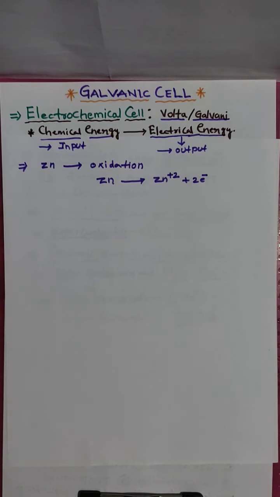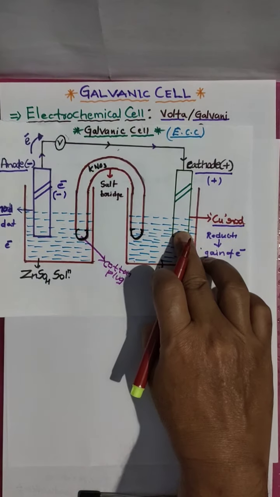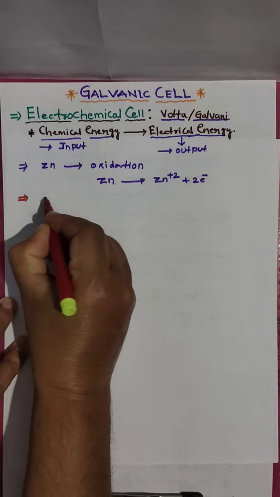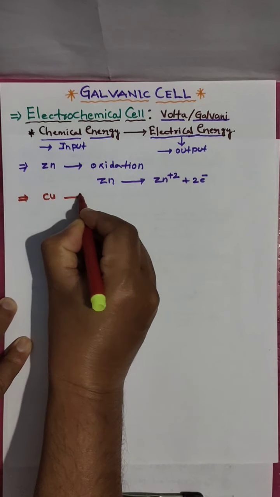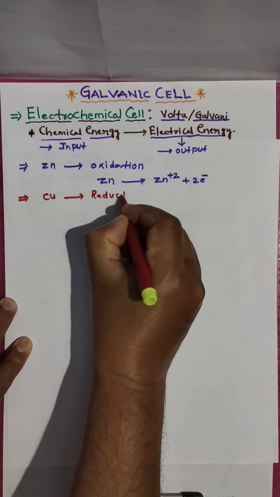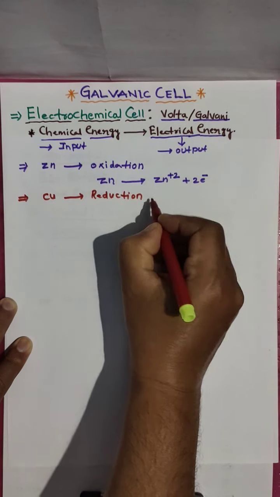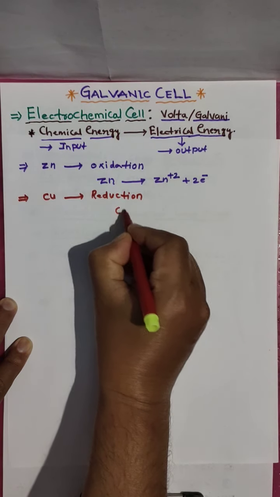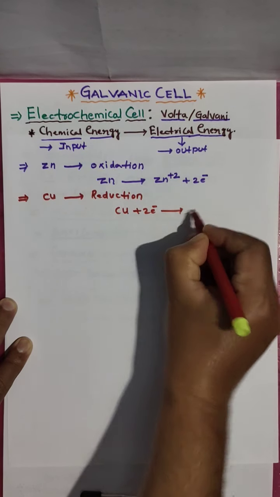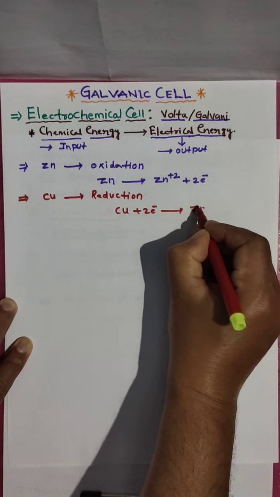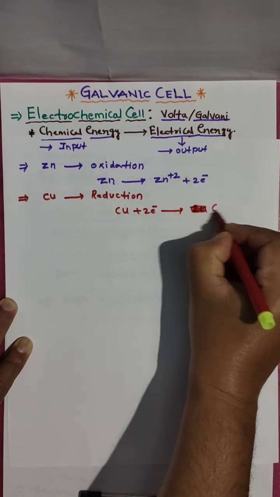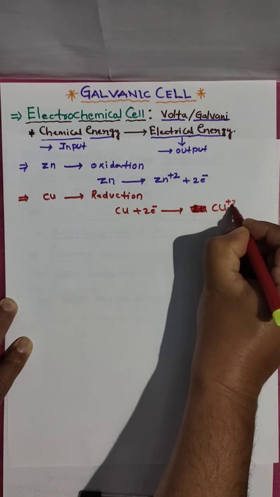And on the opposite side, copper is gaining electrons. Copper gaining electrons means reduction takes place. So Cu2+ getting 2 electrons, you get Cu.